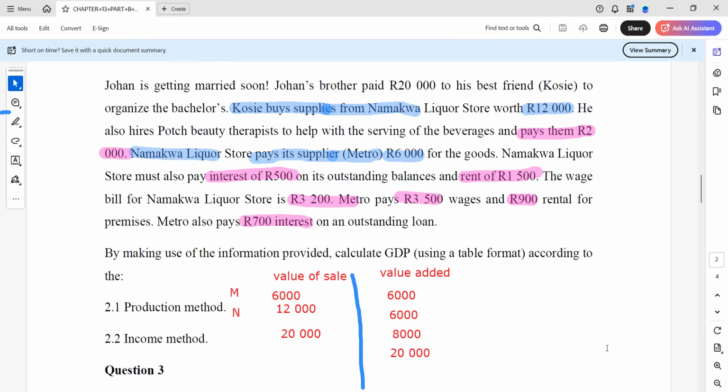So I'm just going to try to do it here so that you guys can see. So let's just do it here. So remember now, they say that we should use the table format. So we're going to look at the incomes that we have, right? Remember in the income method, we firstly add the income earned by all the factors of production, right?